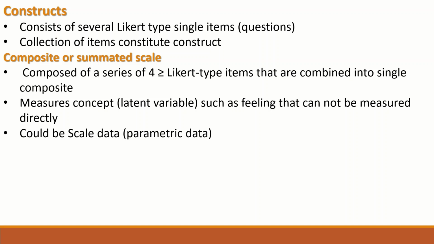It does measure a concept or latent variables, such as feelings, that cannot be measured directly. You combine a few items to get a summated scale. These data could be scale data, parametric data, and a parametric test can be used to analyze it.